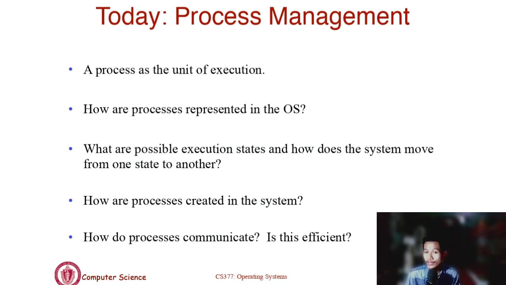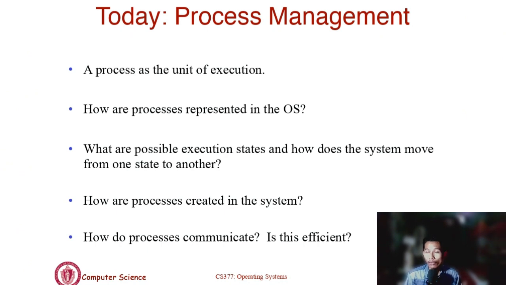And how does the system facilitate the movement of a process from one state to another? Have you ever wondered how processes are created within the system? And you know that communication between processes is essential for collaborative computing, but is this communication efficient?